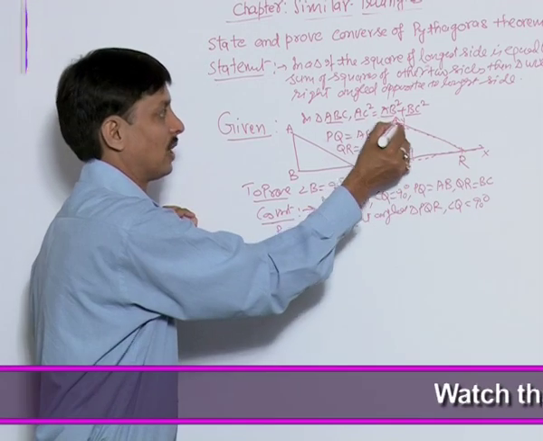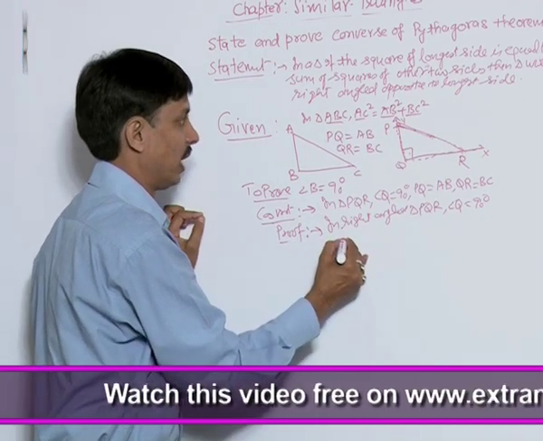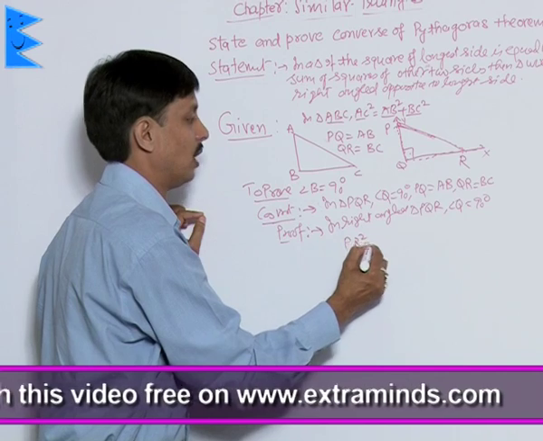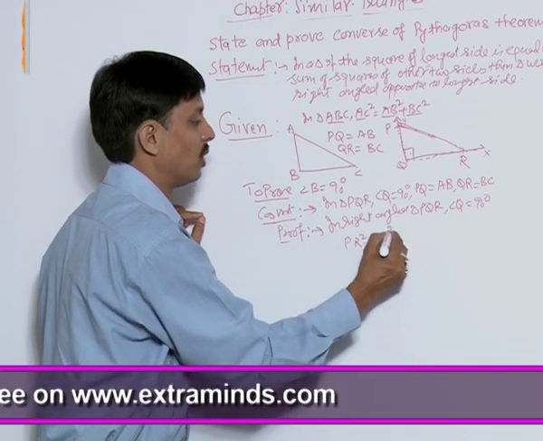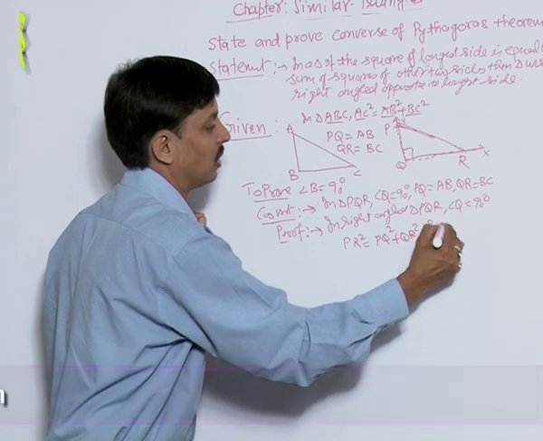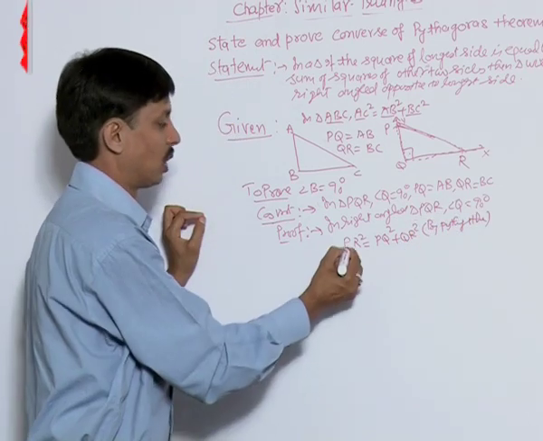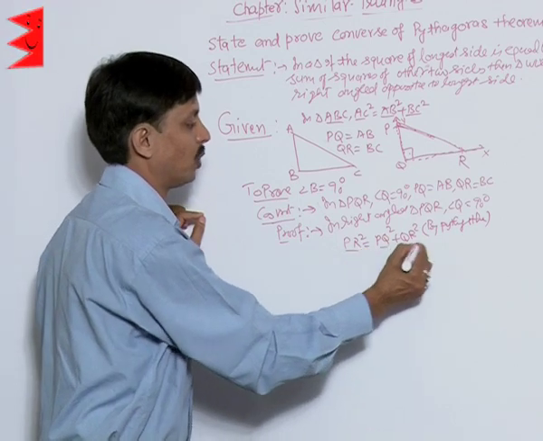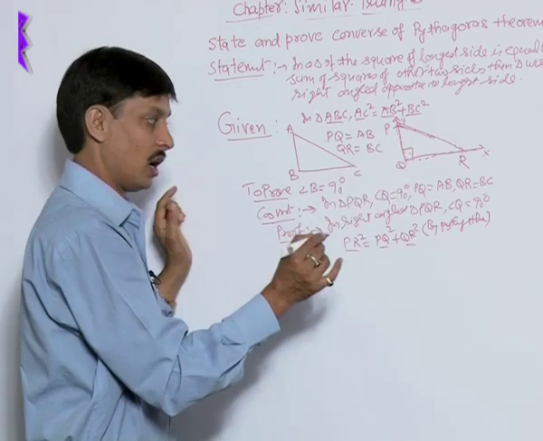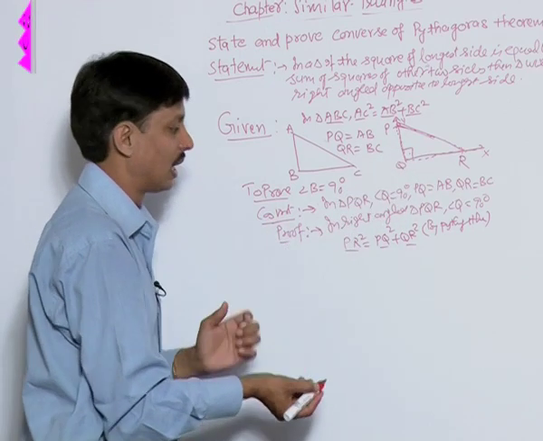So by using Pythagoras theorem in this triangle, we can say that PR square is equal to PQ square plus QR square. Why? By Pythagoras theorem, because it is a right angled triangle, so definitely we can apply.